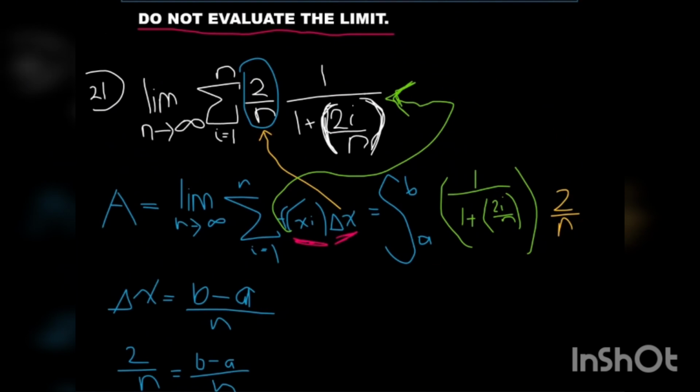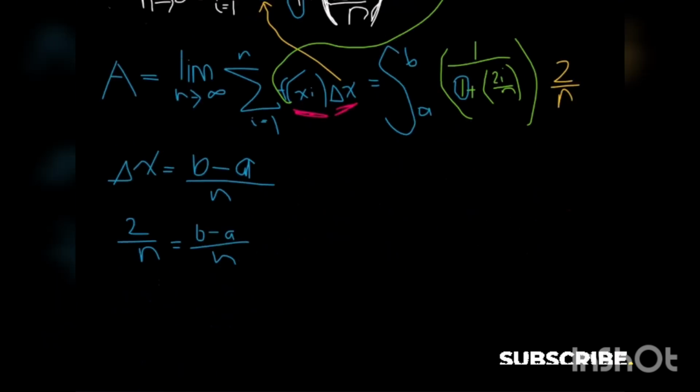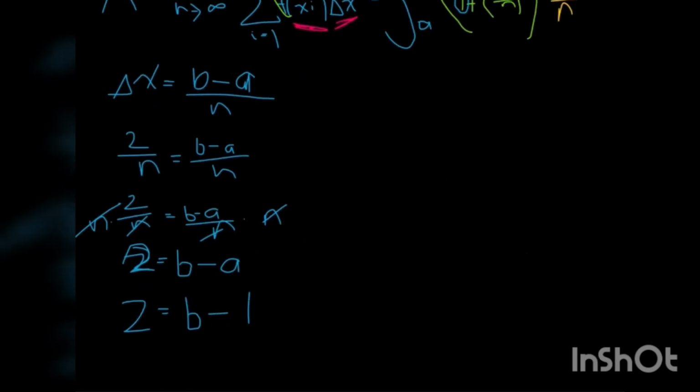But before I do, I want to point out that the 1 that's here is our a, and I'll show you how we got it. From there, you're going to say b equals 3.